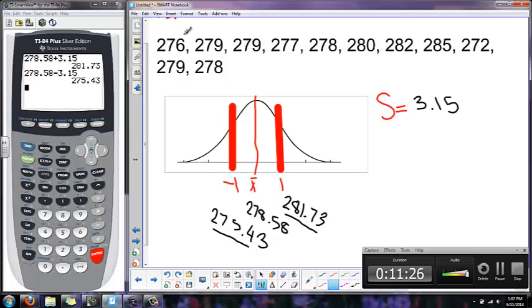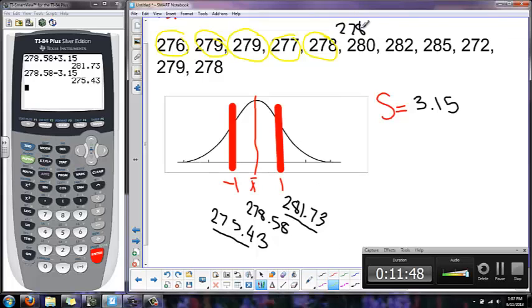So 276, that falls within the range. 279 is still good. Another 279. Yep. 277 is good. 278 is good. And now remember that I forgot to add that other 278. So there's another 278.